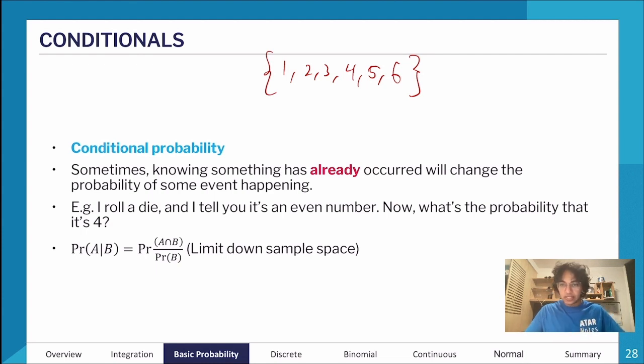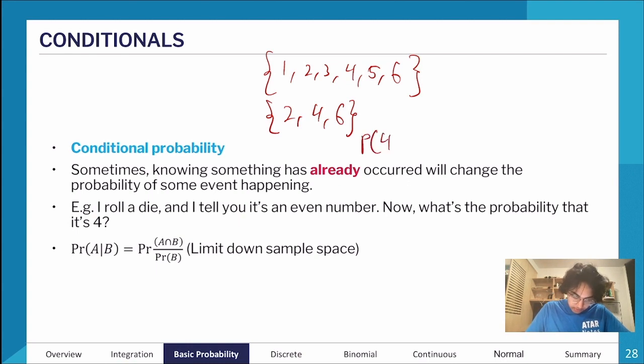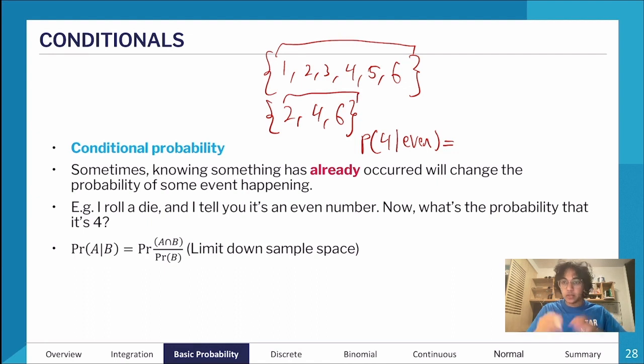Now I tell you that it's an even number, so all the even numbers are 2, 4, and 6. Now if I want to work out the probability that it's a 4 given that it's even, I look at how many times 4 happens in the original set and how many times it happens in the second set. I look at their intersection. In both, it only occurs once.